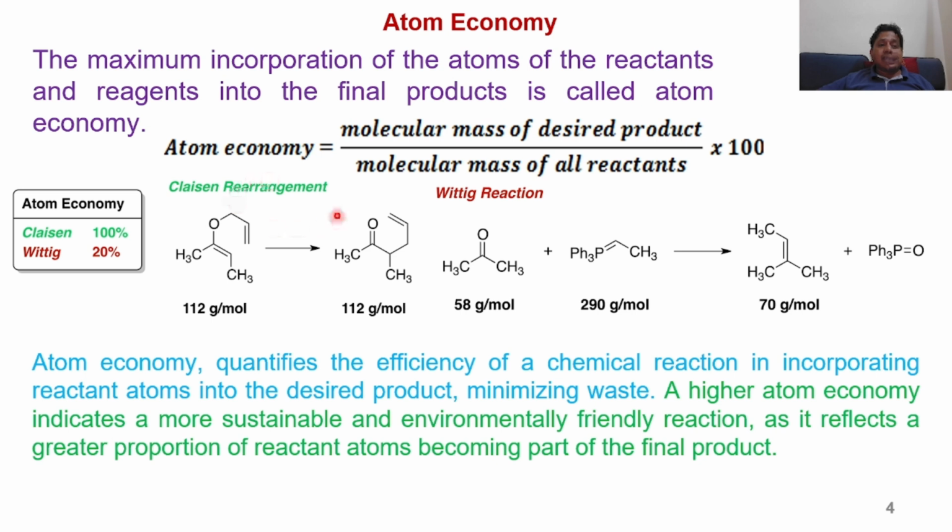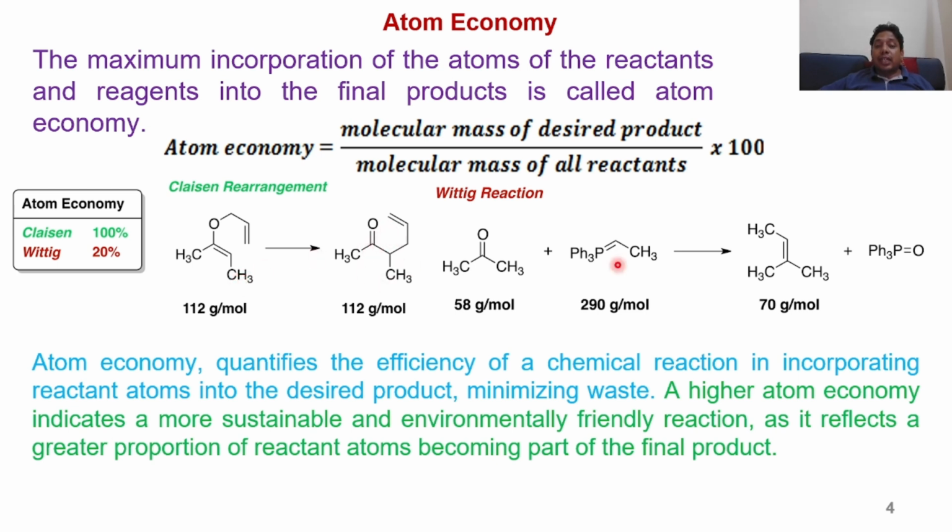So this is one example. You can see the Claisen rearrangement and the Wittig reaction. The Claisen rearrangement is a 100% atom economy reaction. You can see the molecular mass of the reactant is 112 grams per mole, and the product's molecular mass is also the same, 112 grams per mole. So there is 100% incorporation of the starting material atoms into the product.